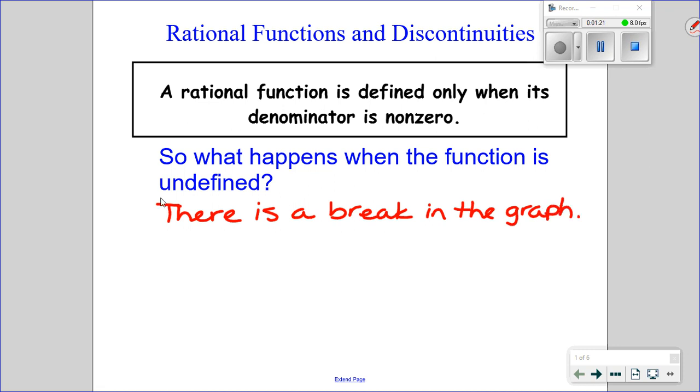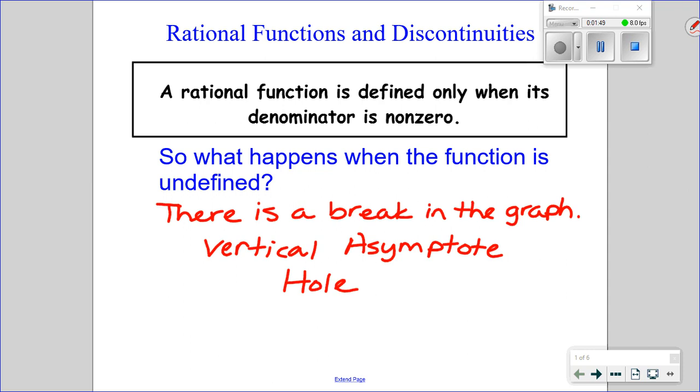And today in class, we explored these different discontinuities or breaks in the graph, and there were really two different types. We saw where some of the functions had a vertical asymptote, and we saw some functions that had a hole.